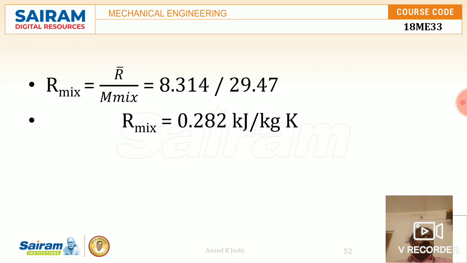Suppose it is hydrogen, H2 will be there, so you have to consider H is 1 and the 2 is the multiplication. 2 into 1 is 2, since there are 2 atoms in hydrogen, so the molecular weight of hydrogen is 2. Similarly, if it is O2, then 16 of oxygen into 2 is 32. Like that you have to consider the molecular weight for the whole. So this is how we can solve this problem.